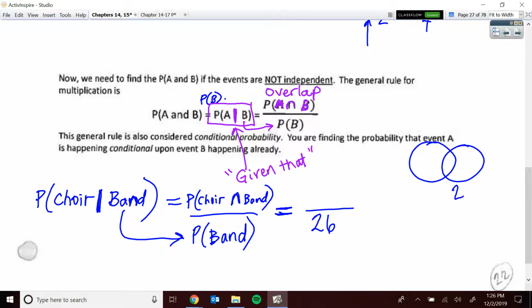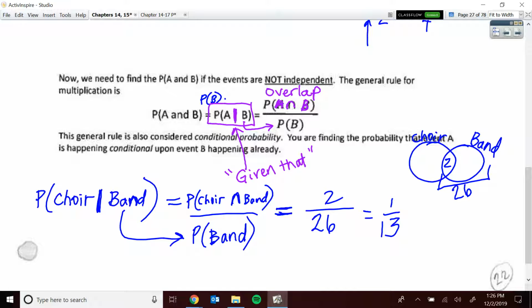So you're coming from the 26 in this band circle. What is the probability that you are in choir now? So how many is the overlap here? 2, yeah, out of the total 26. So yeah, 1/13. So fraction, decimal, percent, answer's fine.